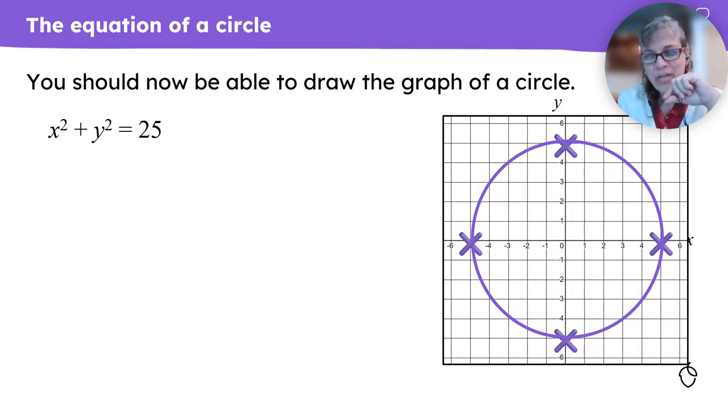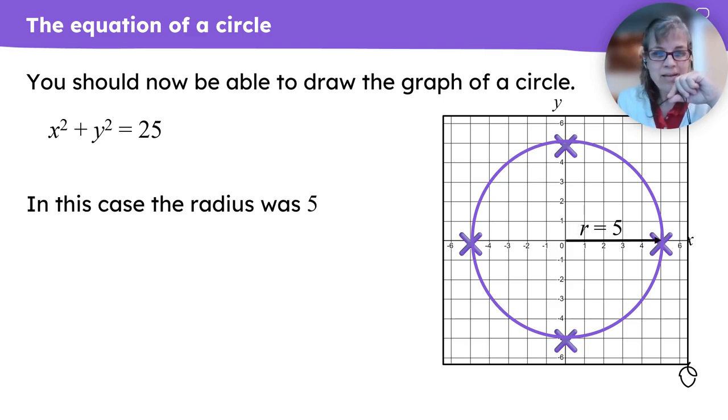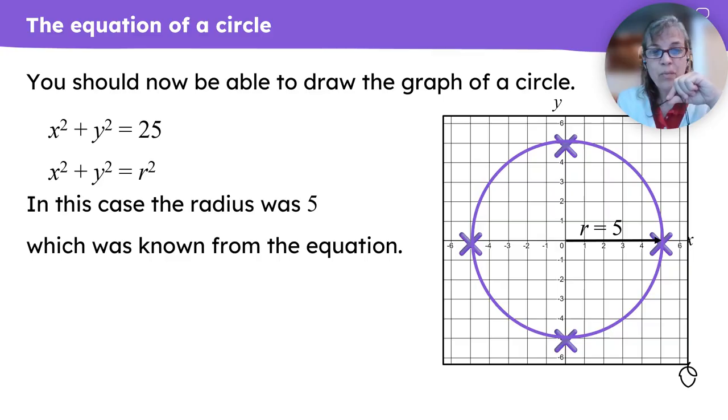If it isn't a perfect square, it's not so easy to draw. But in this case, what was the radius? It was 5. And this was known from the equation. We just took r squared must be 25, so r must be 5. And therefore, we drew a circle.